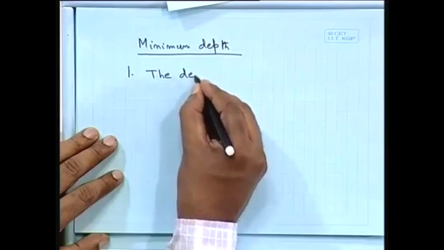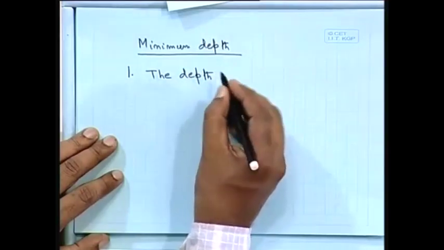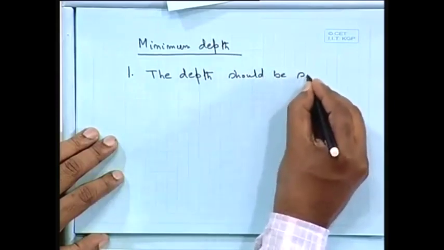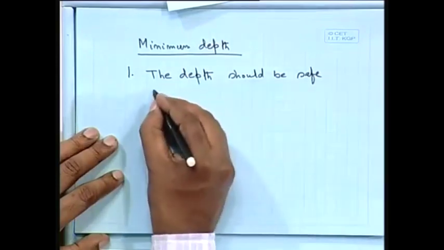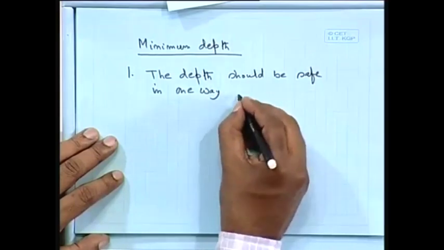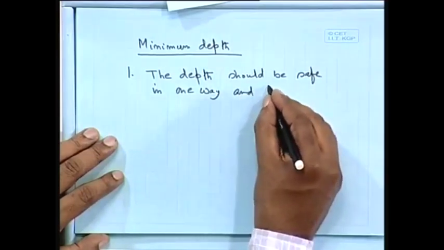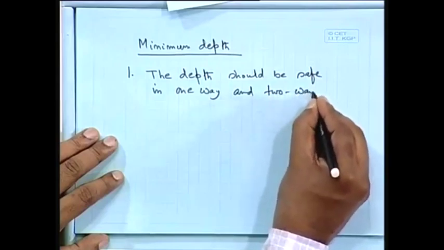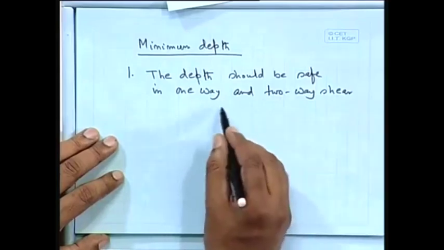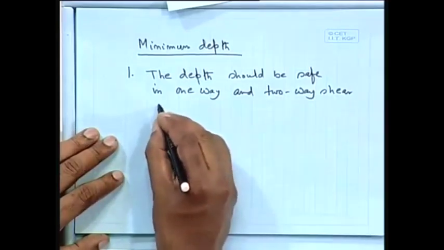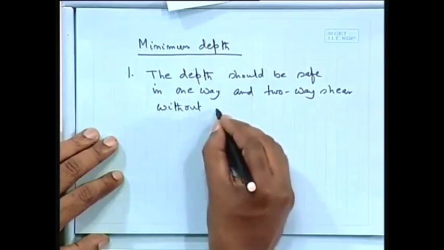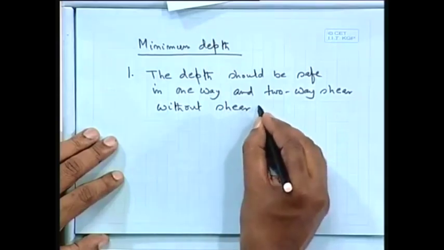So let us at least write down the depth should be safe in whatever I have told. Just let us simply enlist it. The depth should be safe in one-way and two-way shear, I have already told, but let us just write down, without shear reinforcement.